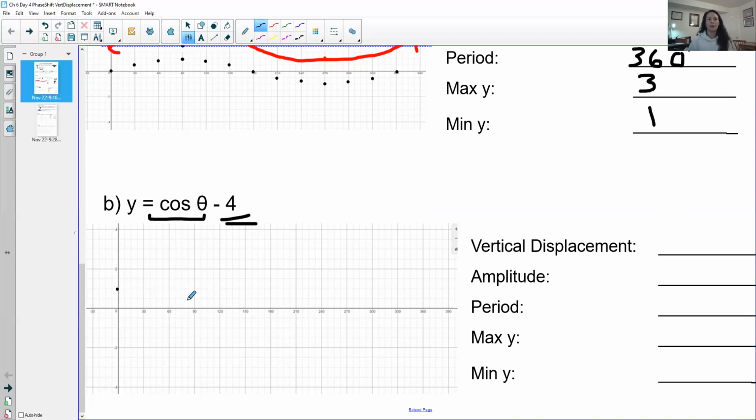Now I'm going to use, again, my main points. So 1 at 0 degrees, 0 at 90 degrees. At 180, it should be -1. At 270, it's 0. And at 360, it's +1. You should have these points memorized. Again, do not draw me straight lines. This is not a straight line.